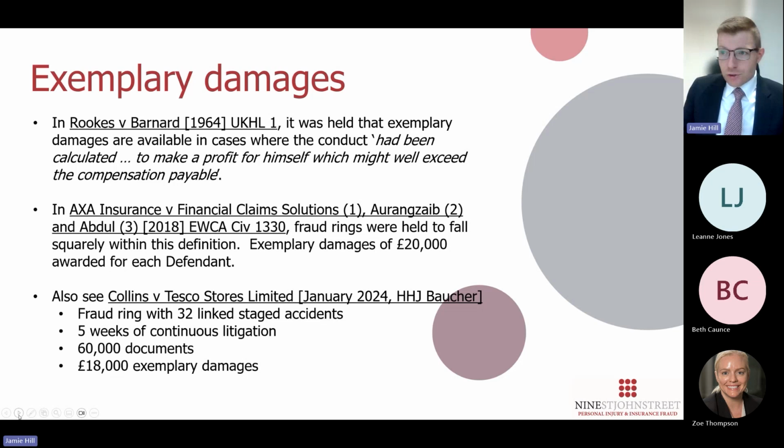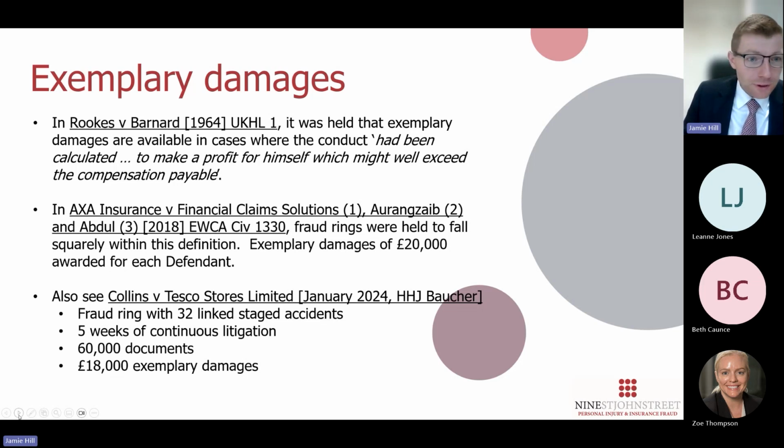Exemplary damages, that I mentioned, now a little bit more information. On the slide here, we've got some of the key cases. It's applicable where the conduct has been calculated to make a profit that may exceed the compensation that is otherwise payable. I said in excess of £10,000. We've got examples here on the screen of two cases.